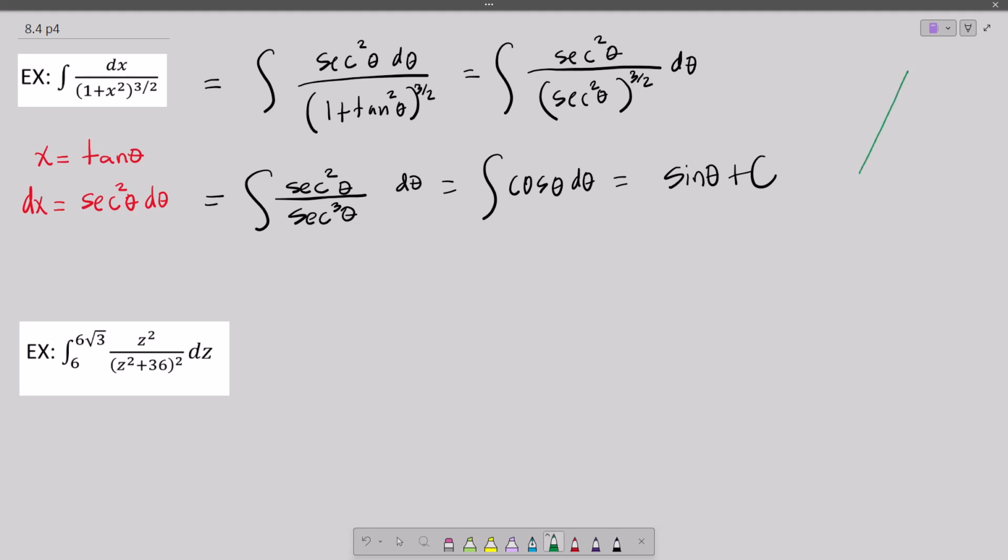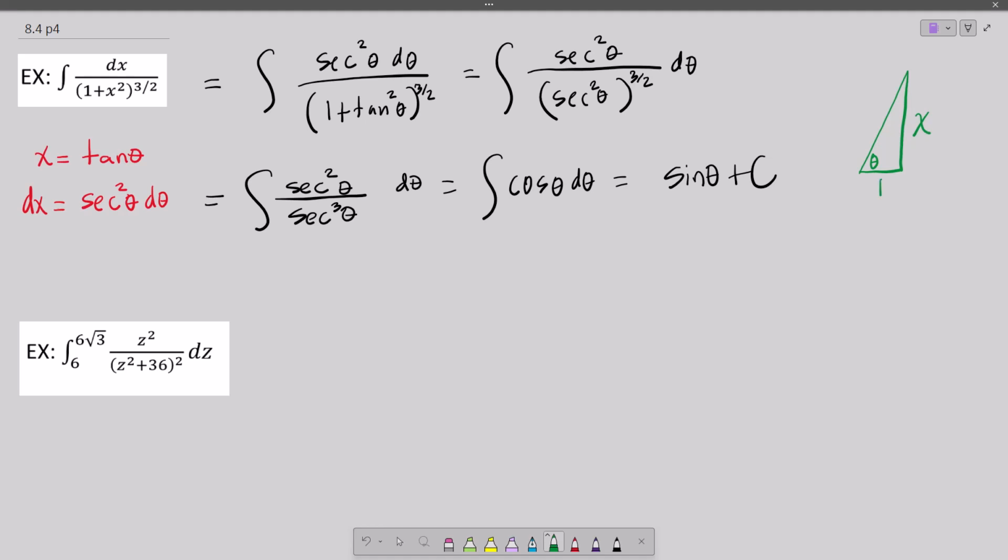Now we go to our triangle. Put our theta right there. And we're looking right here. There's our substitution. X equals tangent of theta. So that substitution should give us two sides. Tangent of theta is x. Do you agree that that works?